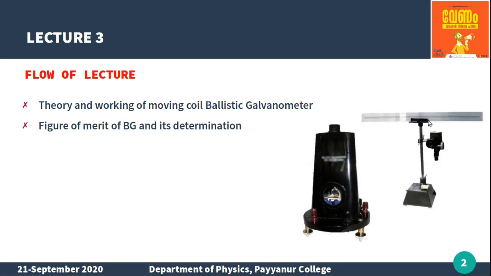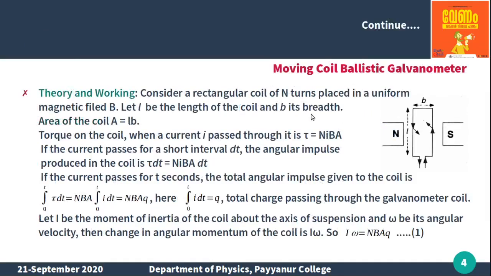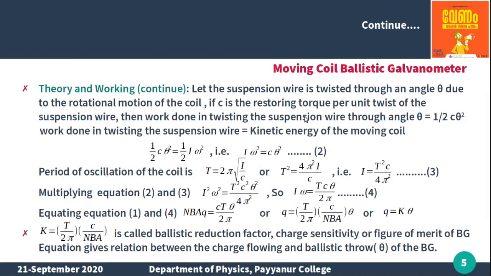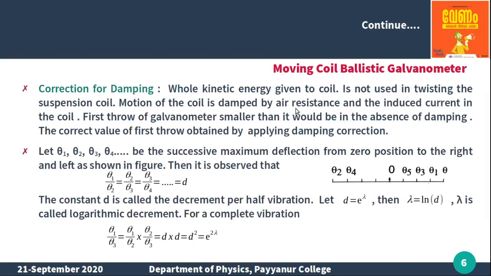In millimeters we measure the deflection. Details we will learn when we talk about its current sensitivity and voltage sensitivity, and also the figure of merit. At that time we also have to learn how this works. And now we will go to one more thing in the theory, that is correction for damping.